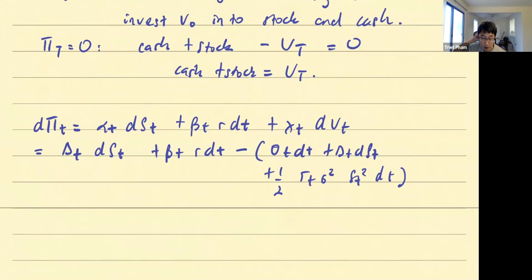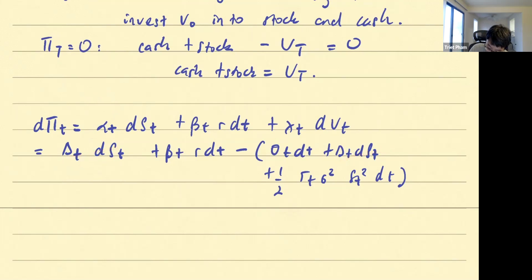And notice what's going on here. This and this term exactly cancel out. This term, by choosing the number of shares you hold as the delta of the option, when you're unfolding how your portfolio changed, the fluctuation of portfolio due to the stock component completely gets canceled out.